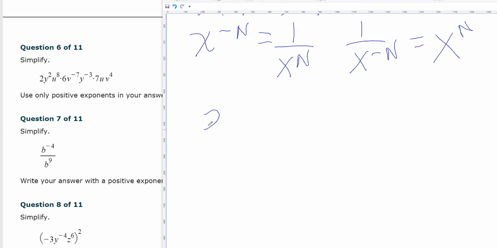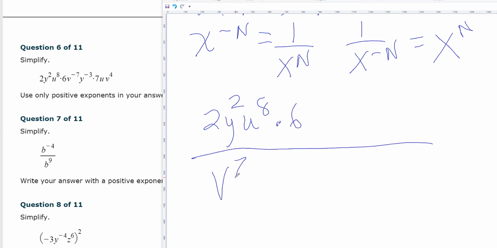So I'm going to write 2y squared u to the 8th times 6, and then the first thing I'm going to move is v to the 7th to the denominator, y to the 3rd to the denominator, times 7uv to the 4th.